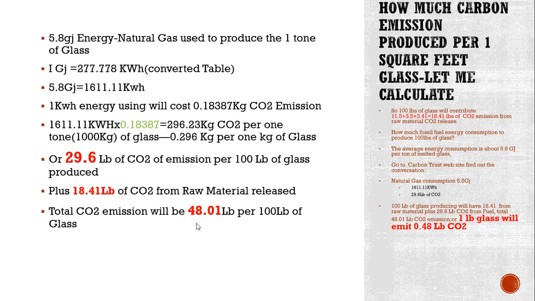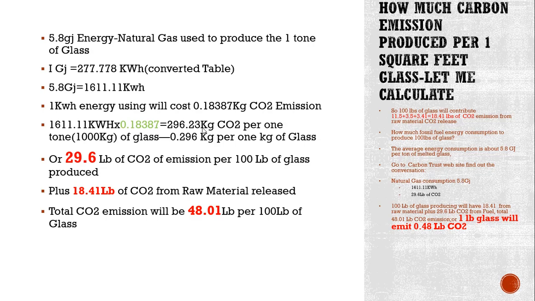We can also use publicly published conversion factors to find out that this energy, 1611.11 kWh, equals 296.23 kilograms of carbon dioxide released per ton of glass. That is also 29.6 pounds of carbon dioxide emission per 100 pounds of glass produced.